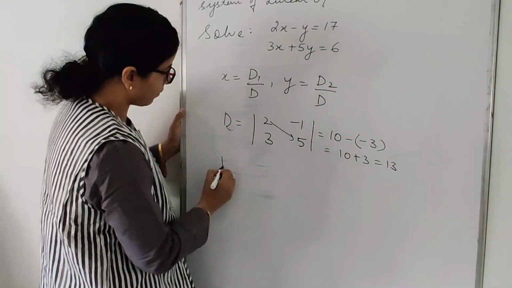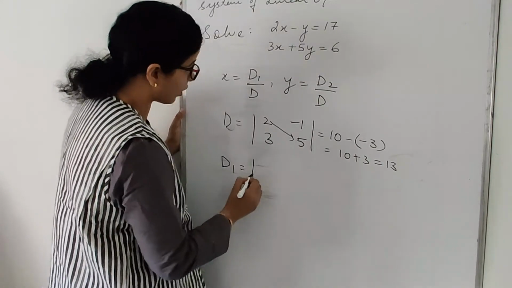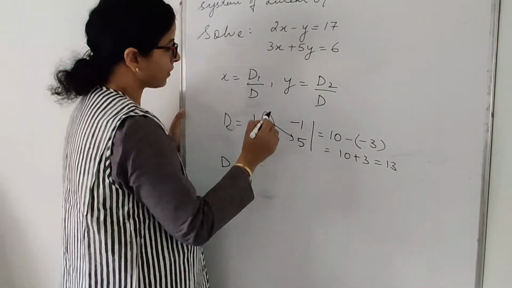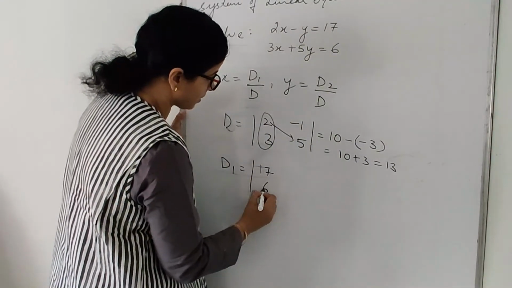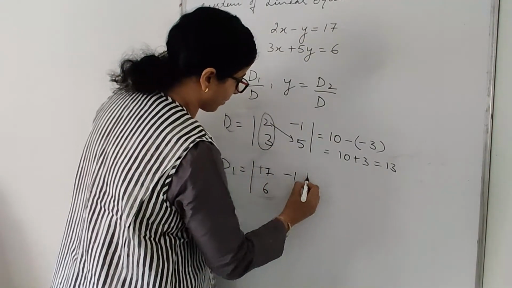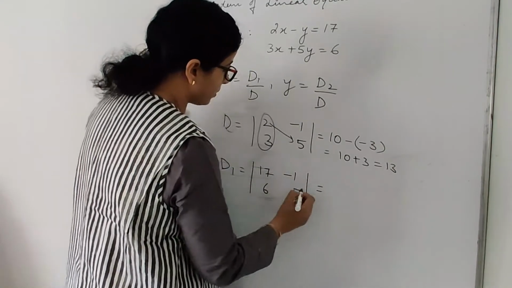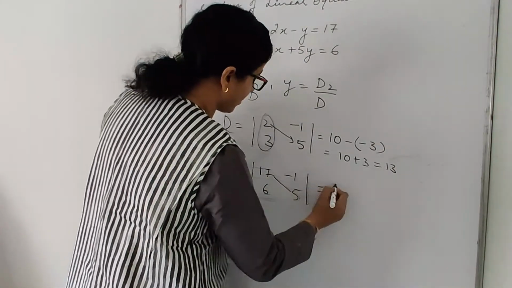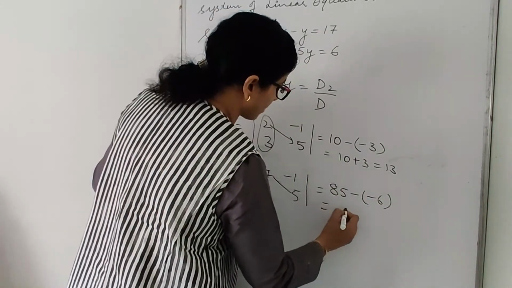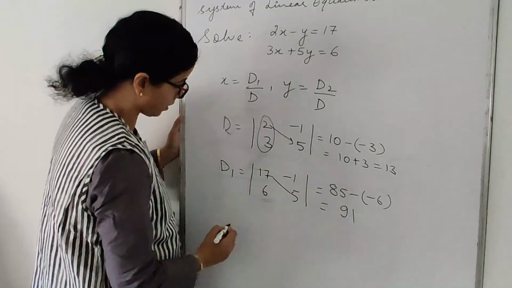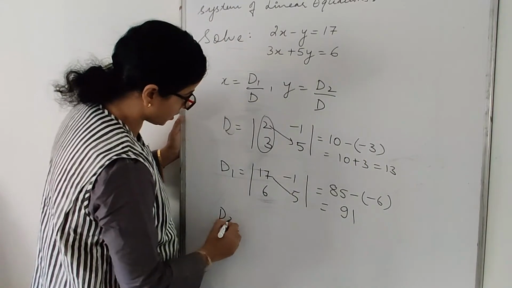Now I will find d1. In d1, the coefficient of x will be replaced by the constant terms: 17, 6, minus 1, 5, which is equal to multiplication of the diagonal elements minus multiplication of the off diagonal elements. So we are getting 91. Now we'll find d2.